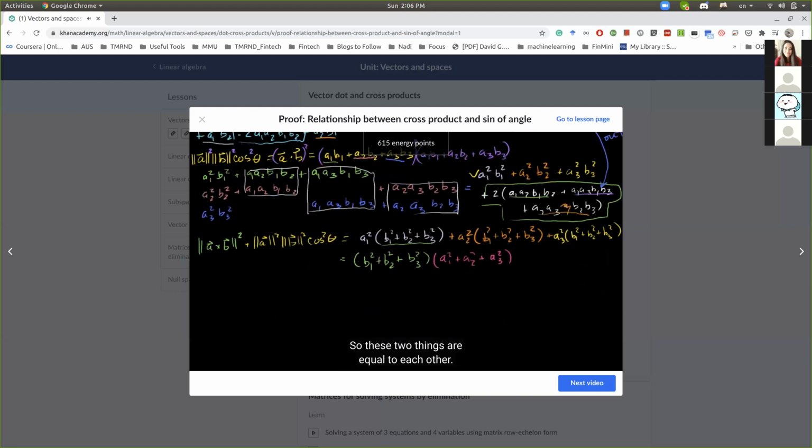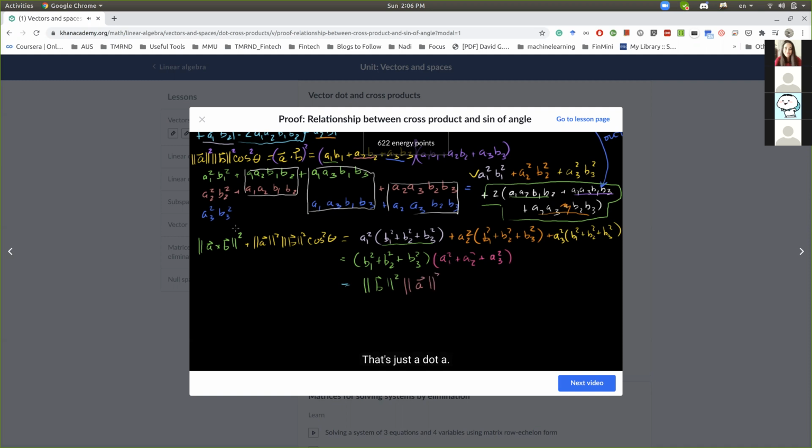So these two things are equal to each other. But what's this thing? What's another way I could write this? This is the same thing as b dot b, or the length of my vector b squared. And this is the length of my vector a squared. That's just a dot a.